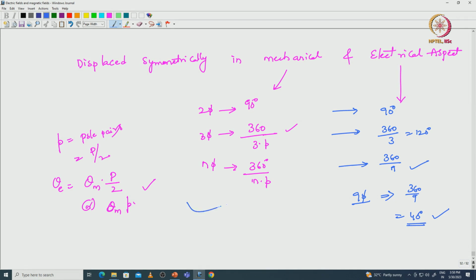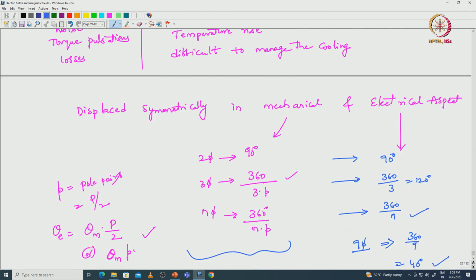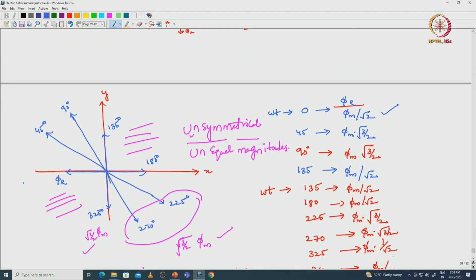If we change the mechanical displacement or the electrical excitation displacement, the phase shift, if we change anything, then we can see unsymmetrical rotating magnetic fields in this manner. The vector magnitudes are different, so we cannot create the symmetrical magnetic fields.